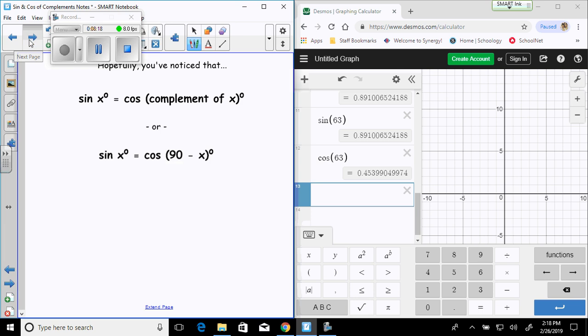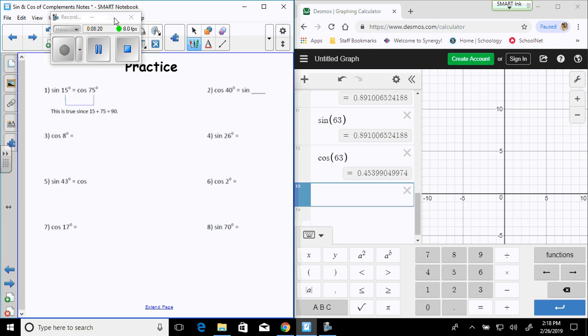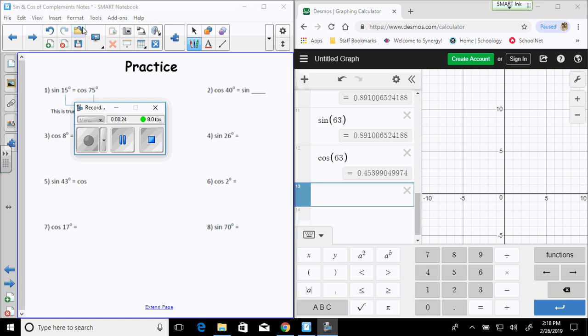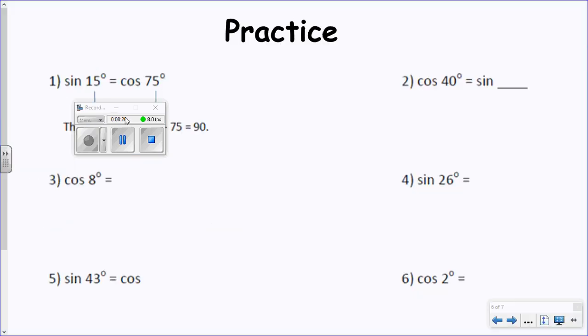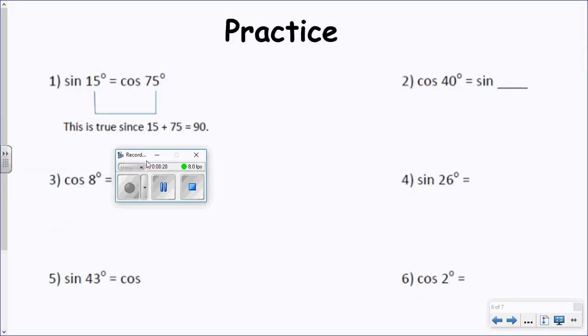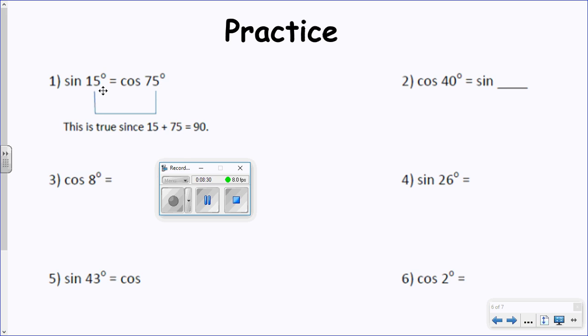Okay, so let's do some practice here. We'll make this full screen. Here we have the sine of 15 is equal to the cosine of 75. Because 15 and 75 add up to 90, they're complements of each other, so we know their sine and cosine are equal. Let's look at example 2.